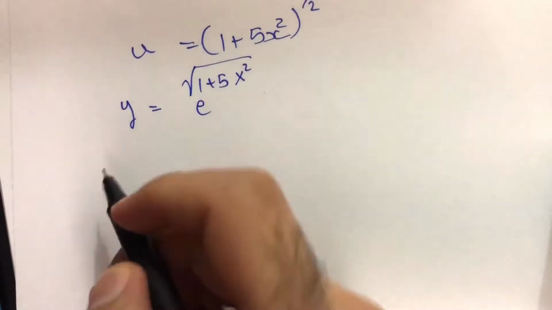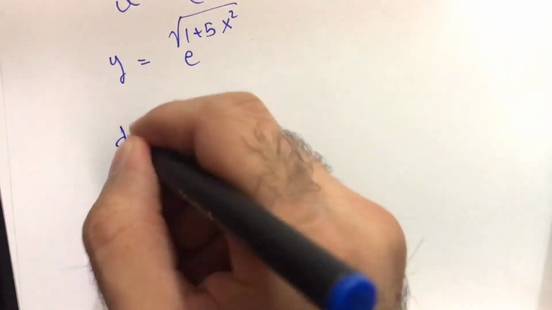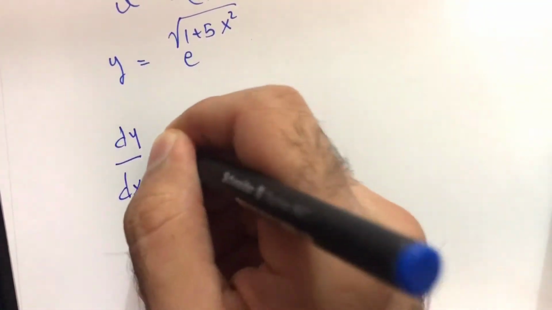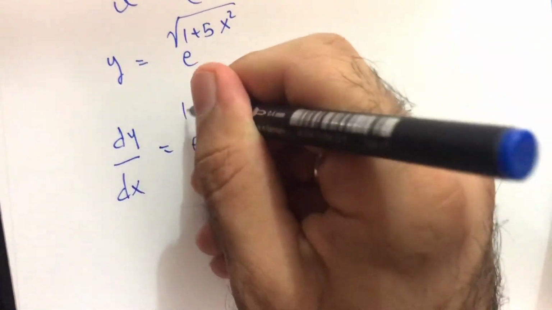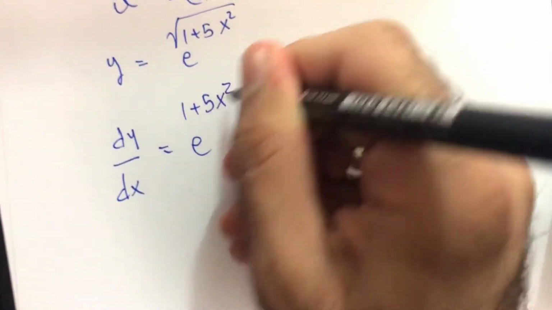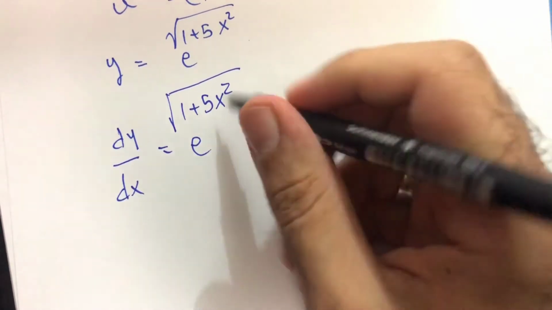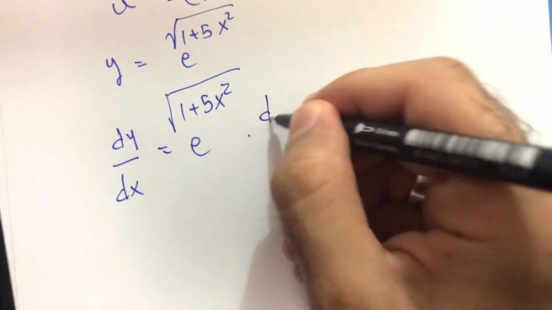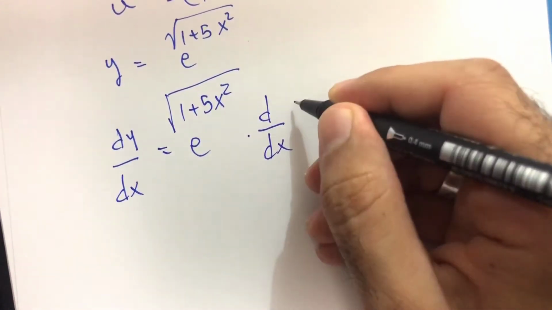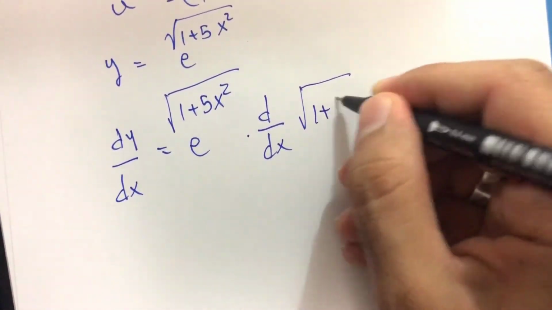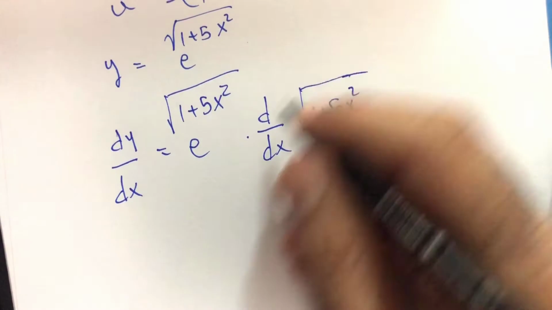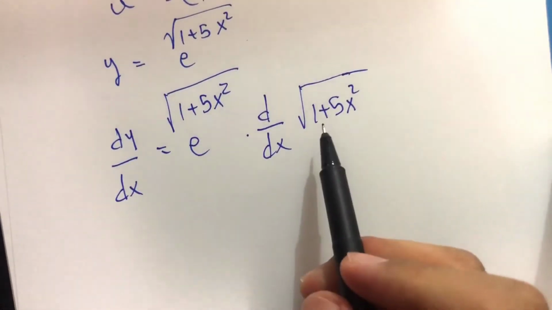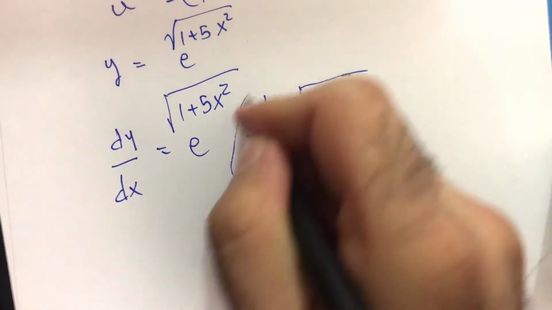we can write that dy by dx equals exponential 1 plus 5x squared multiplied by du by dx, as we mentioned, and so I can write d by dx for the square root of 1 plus 5x squared. Now we can treat this term separately.